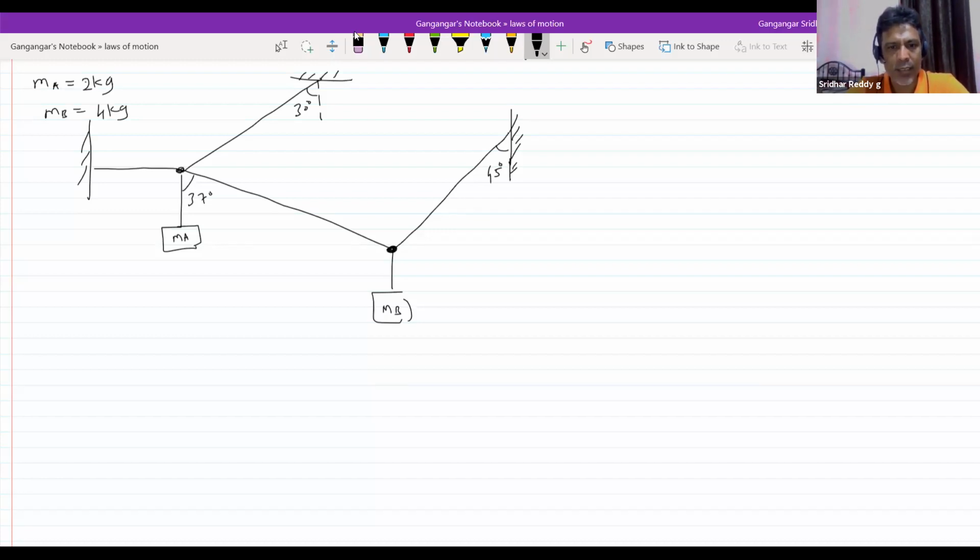These are some joints. Can you apply Lami's theorem?